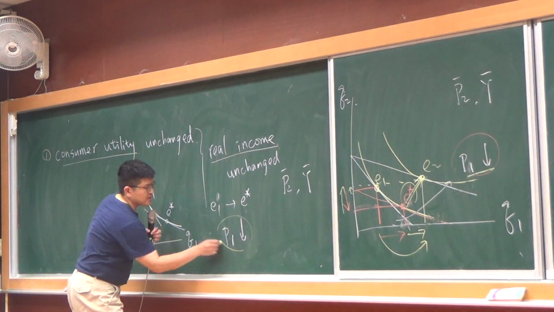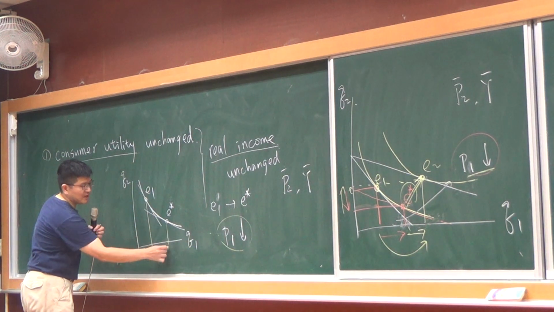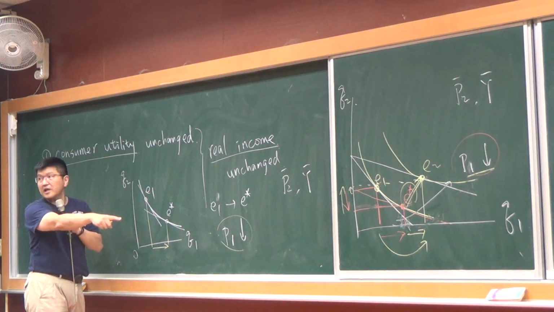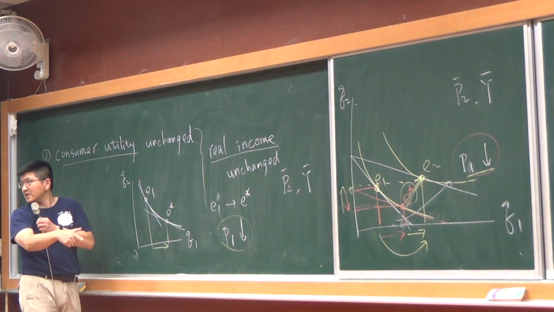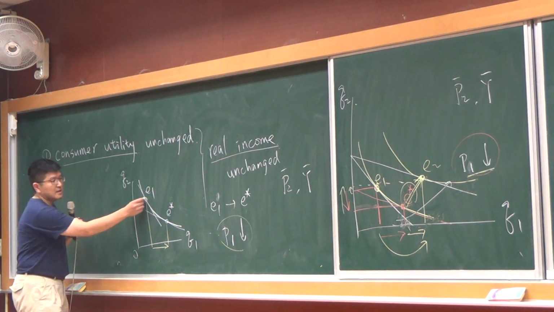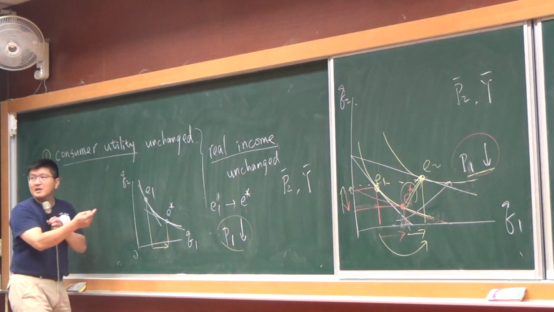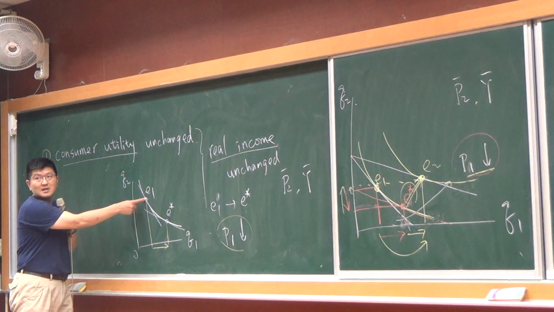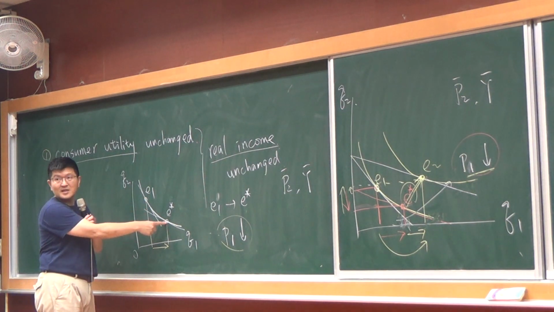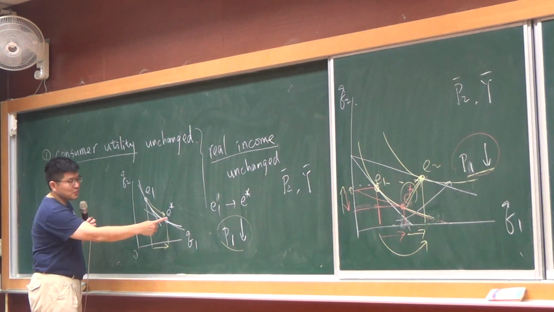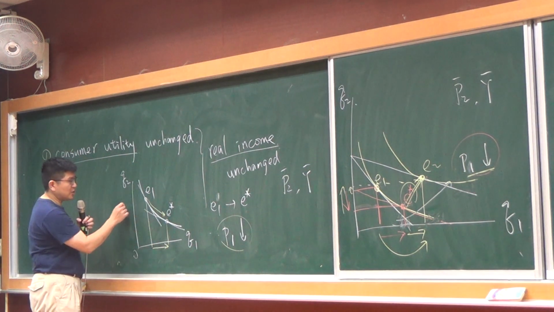When P1 drops, our consumption on Q1 must increase because the curve from here to here is negative sloping. If we want to hold our consumer utility unchanged, then we must move from upper left to lower right, right? In this way, which means Q1 must be increased and Q2 must be decreased.